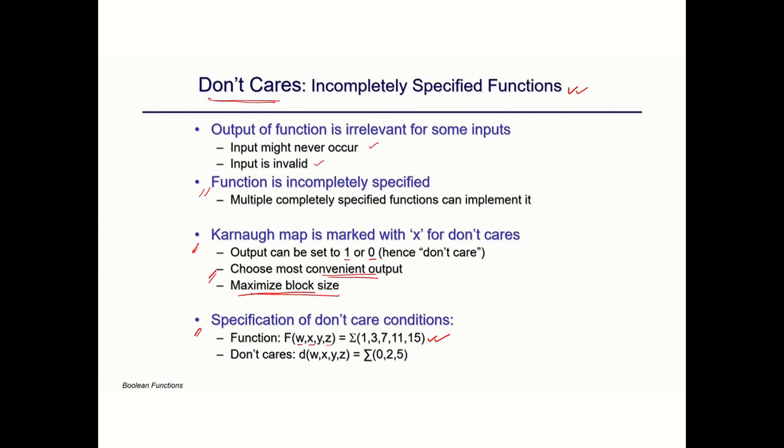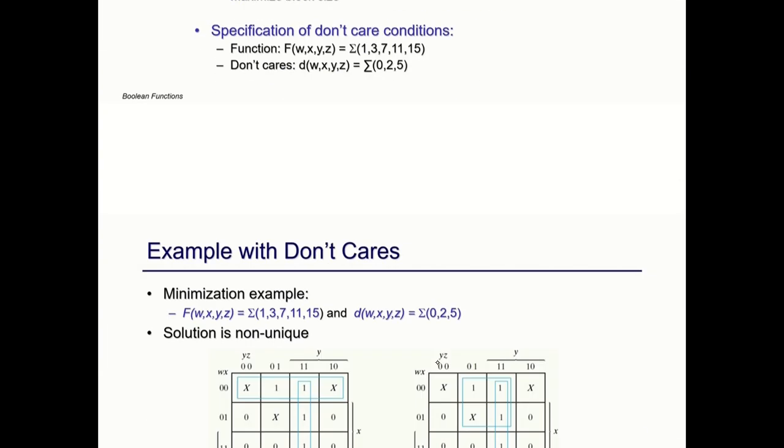But what is the condition for the don't care? They never occur, or it may be that this is an invalid condition. Whenever a condition is invalid, or will never happen in future, it is termed a don't care. So 0 to 5 are the other positions which can be used as don't cares, fine.